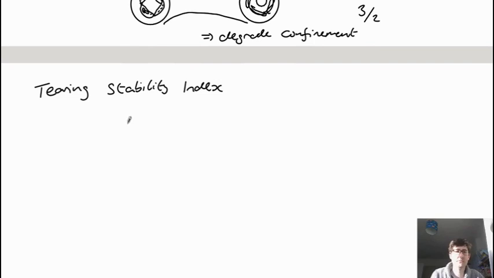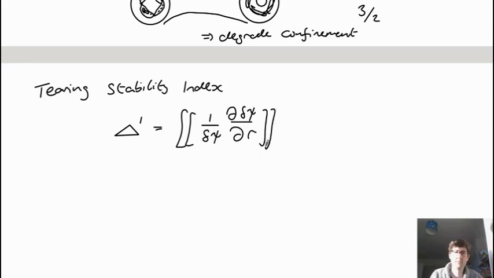So delta prime is this tearing stability index, and it's essentially the size of the current sheet produced at the surface, and this you can write as the jump. So I'll use these double brackets to mean the jump in 1 over delta psi, and then we have d delta psi by dr. And so it's the change in this from one side of the island to the other.